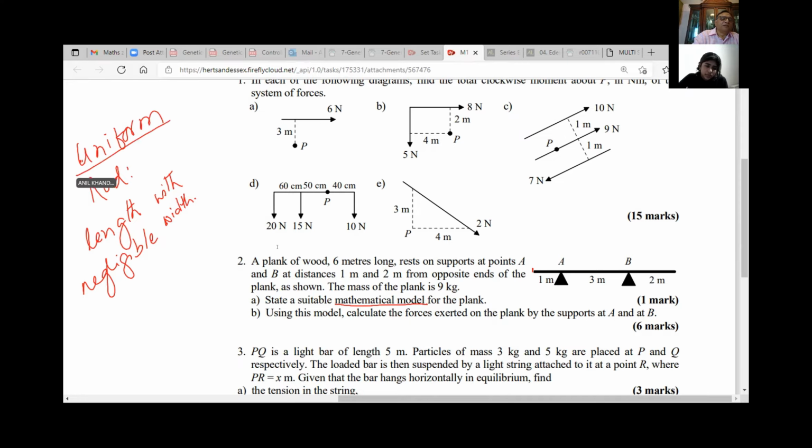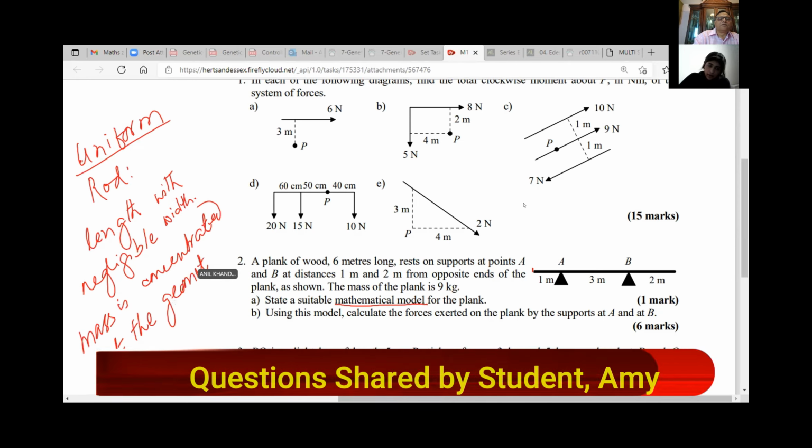In that case, we say mass is concentrated at the center, the geometric center. Correct? So that is what you have to write as a mathematical model.